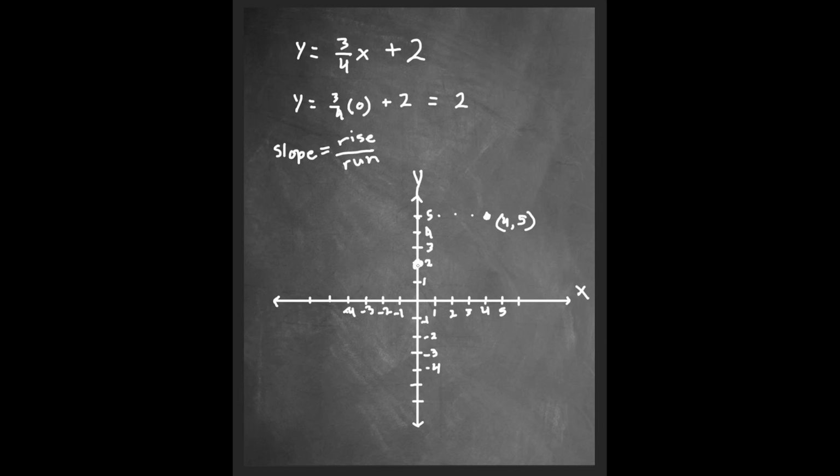So let's go down. 1, 2, 3, and horizontally in the opposite direction, 4. 1, 2, 3, 4. Aha! Now, this point has the value of negative 4x, negative 1y.